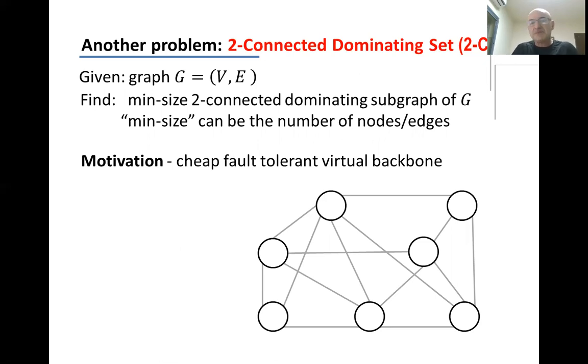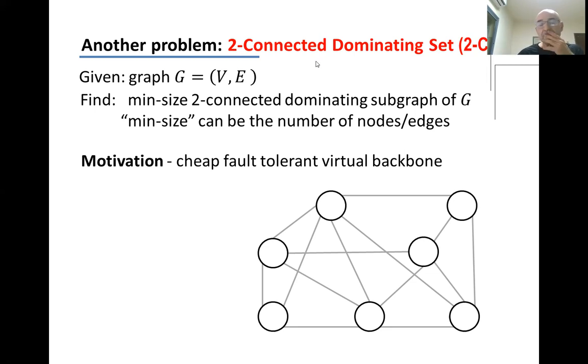So the objective can be to minimize either the number of nodes or the number of edges, and all this is up to a factor of 2, and while the ratios I will claim here are just polylogarithmic, so it does not matter.